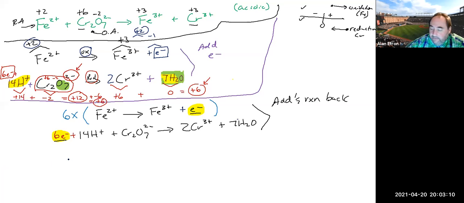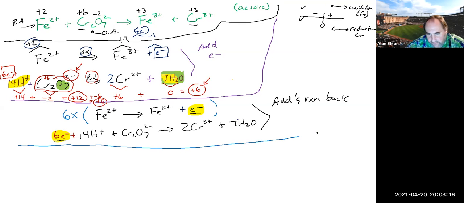So what I will do is I'm going to rewrite both of these reactions here. We want to add the half reactions back. We do need the same number of electrons here, so we're going to distribute that 6 to everybody in that reaction.